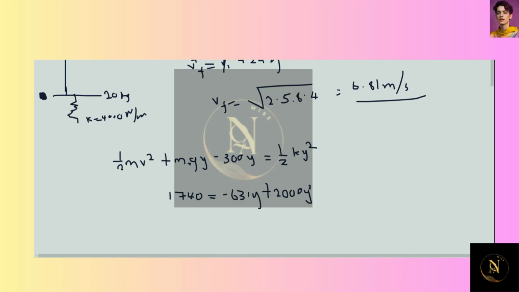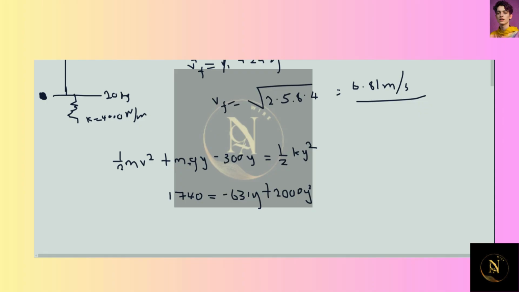This whole expression is 75 plus 20 times g, 9.8, minus 300, which will give you 631. Then that 631 becomes negative, and half of k, which is 4,000, is 2,000, and then you come up with this quadratic equation.